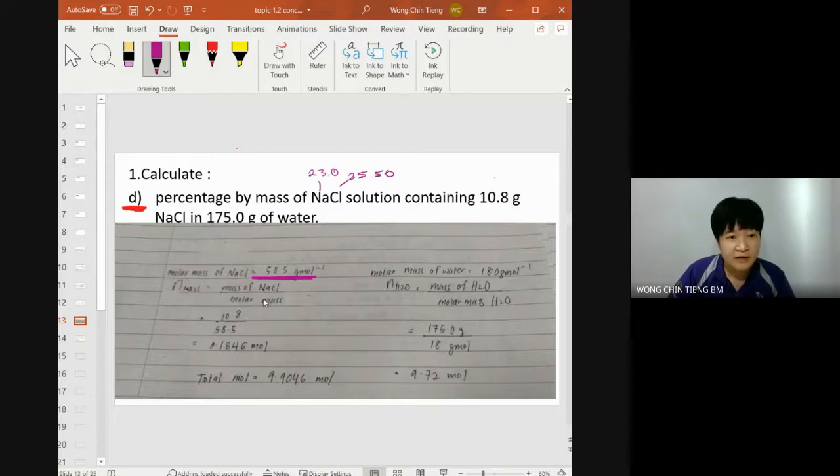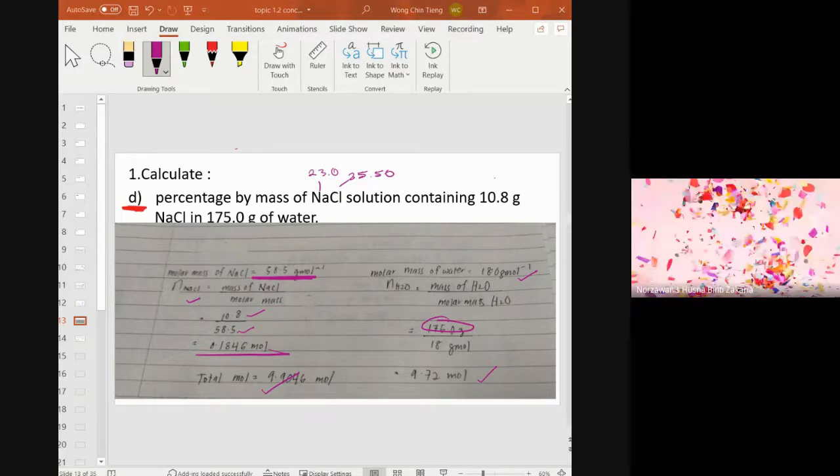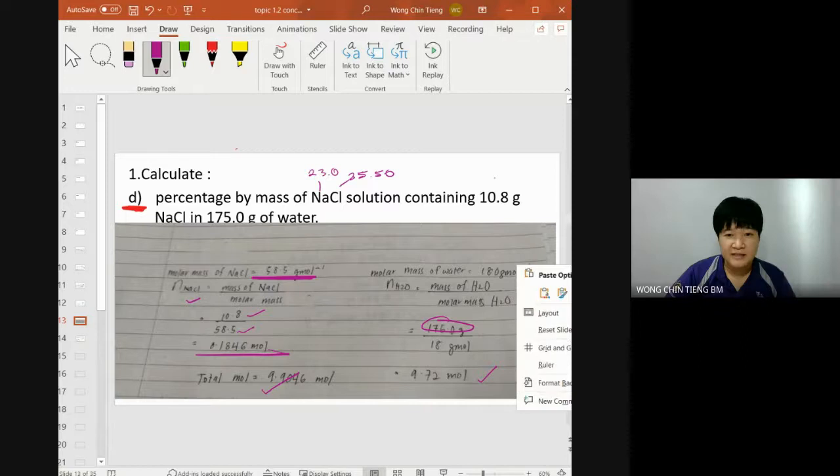Mass of NaCl 10.8 given, divide by molar mass to get the number of mole of NaCl. And then for the water, 18 gram per mole molar mass of water, change the mass 175 gram given to number of mole. Okay, so you have the total number of mole. Keep the total number of mole.